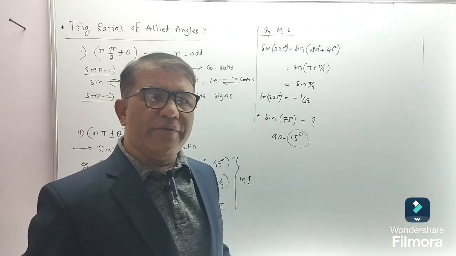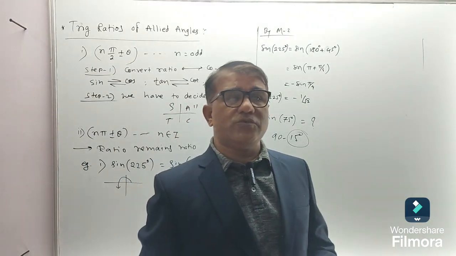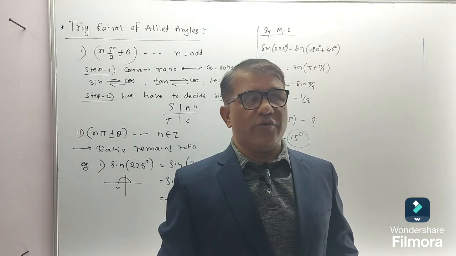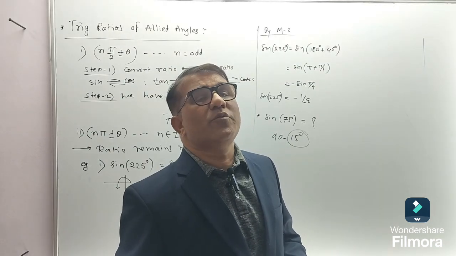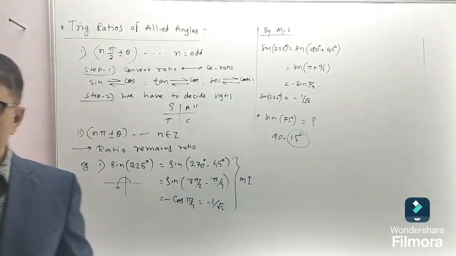Now for solving this type of angles, we require another formula of trigonometric ratios. That formula is known as trigonometric ratios of compound angles. Okay?